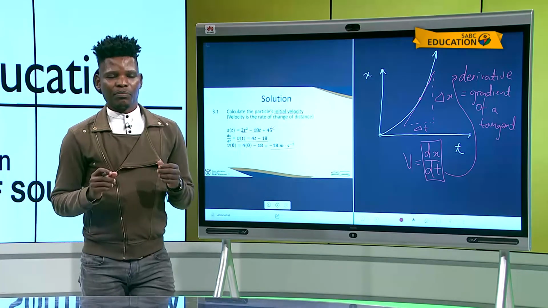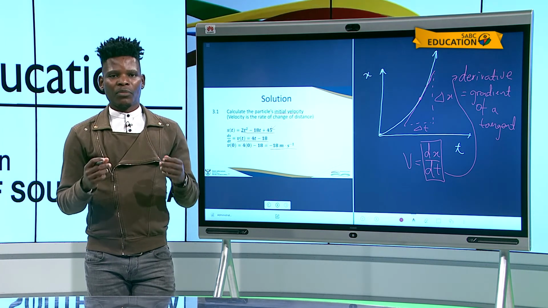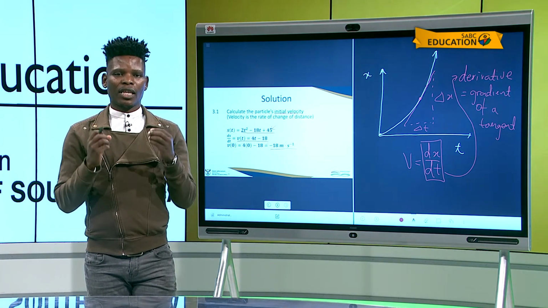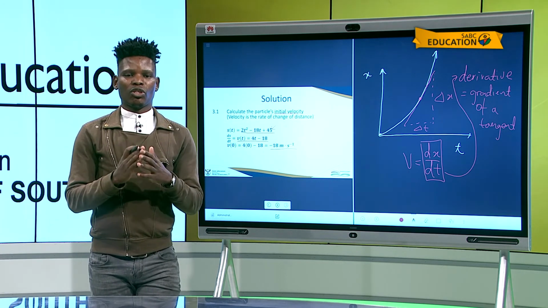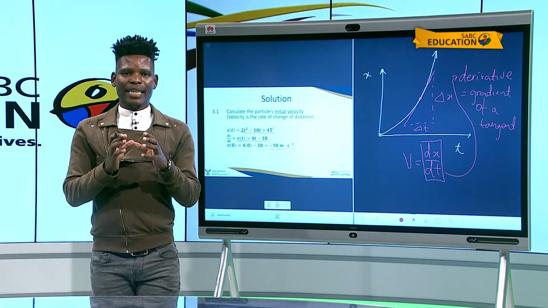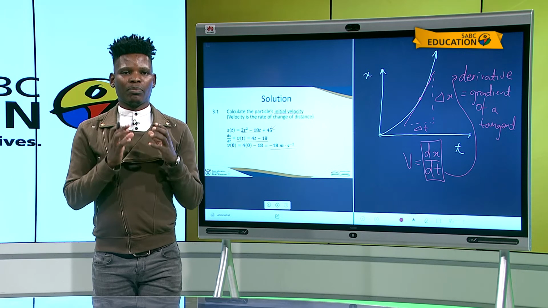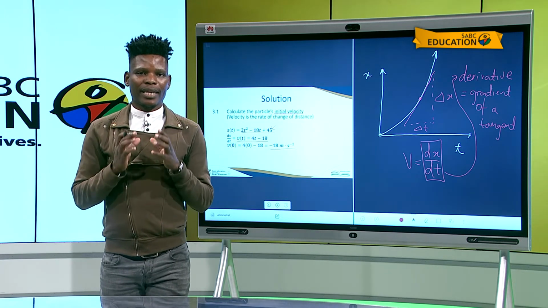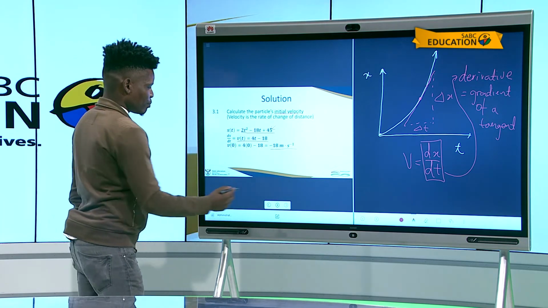Like I said, the sign in your answer refers to the direction. Say, for instance, in this question we had chosen to the right as positive. It will simply mean that initially this particle is going to move to the left with a speed of 18 meters per second. That's how you should interpret this solution.